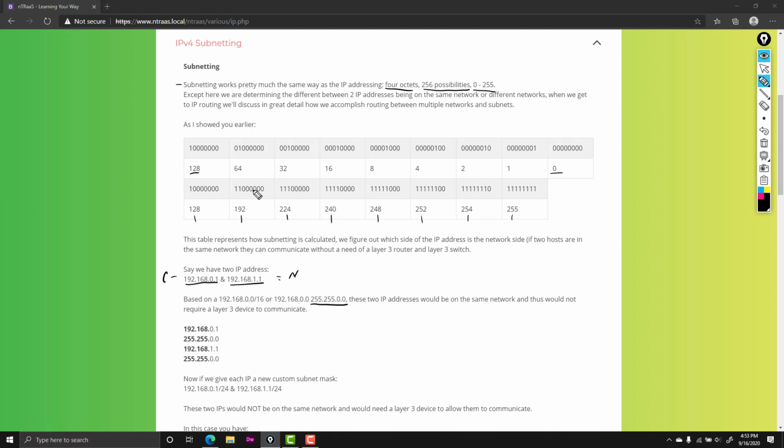So here is a good example of how we calculate which network lives on which network. 192.168, you're going to see, has 255.255. Anything that does not have a bit associated with it is going to be our host side. And you're going to notice they both, with a /16, are on the same network, but of course are different hosts. This host is 1.1, this host is 0.1.